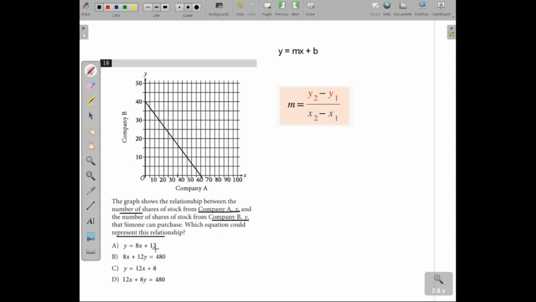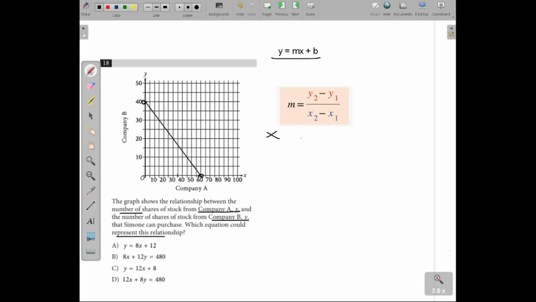So we have these equations as possible answers, and we could find, using this formula, the equation for this line. To find this, we need to find the slope first. So let's do that. And to find the slope, we need 2 points. Let's use this one and this other one.